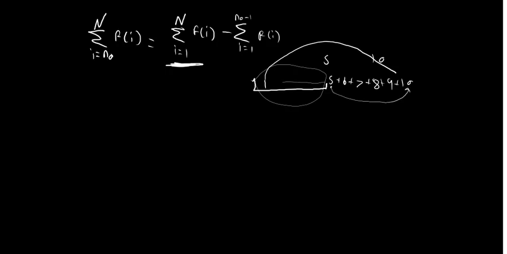In this case n naught is 5, so we subtract the summation up to the number just before 5, in this case 4. We add 1, 2, 3 and 4 and subtract them from the summation of the entire thing, which leaves us with just the summation that we want. That is what the formula means, and it's going to be very helpful going forward.